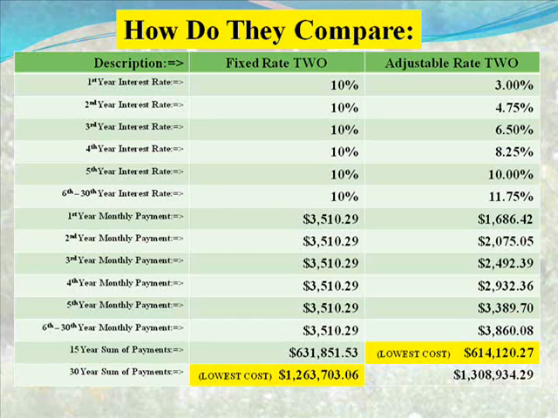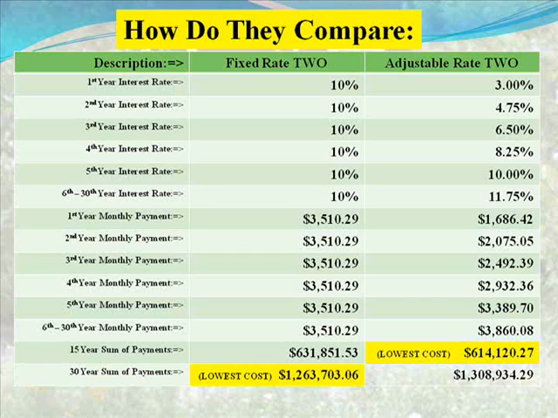Which in this case is the lowest cost when compared at the 30-year period. For the adjustable rate loan, you can see where the rates go from 3 to 4.75 to 6.5 to 8.25 to 10 to 11.75%.